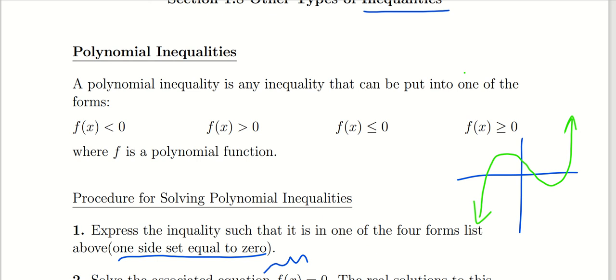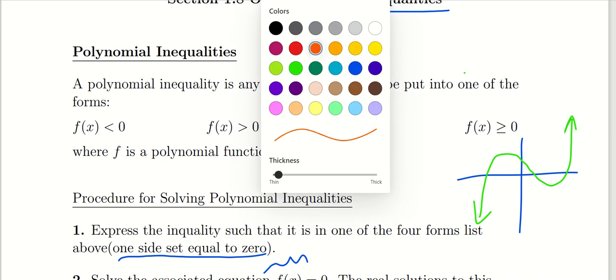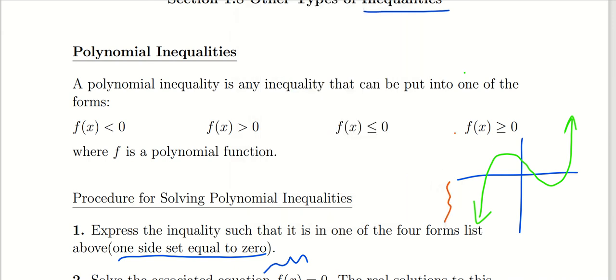So if a polynomial is going to change its sign, meaning from negative to positive, wherever the polynomial would be below the x-axis, these would be where it would give us negative values. So the sign of the polynomial would be negative below, and wherever the graph of the polynomial is above the x-axis, this would be where the polynomial is positive.